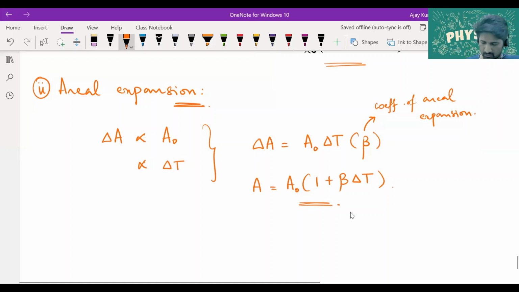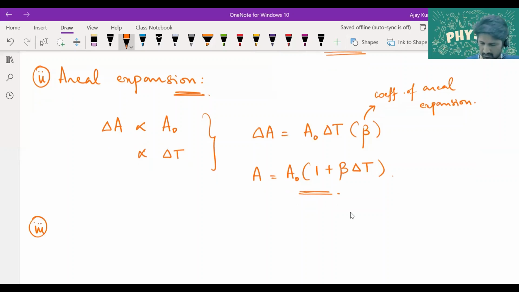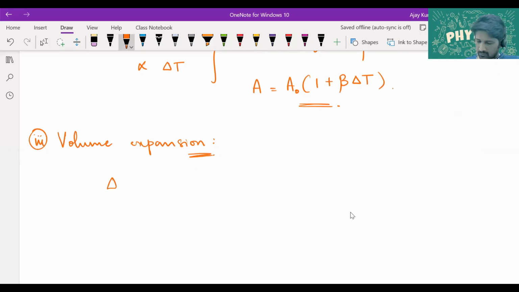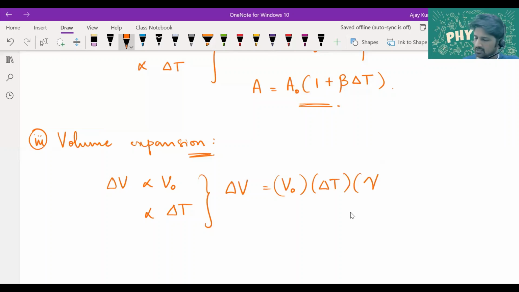Similarly, there is also something called volume expansion. You might want to find out how much the volume has expanded. Okay. In that case, expansion in volume is proportional to original volume, proportional to temperature change. Put all these together. Expansion in volume will be original volume multiplied with temperature change multiplied with a factor which depends on the material.